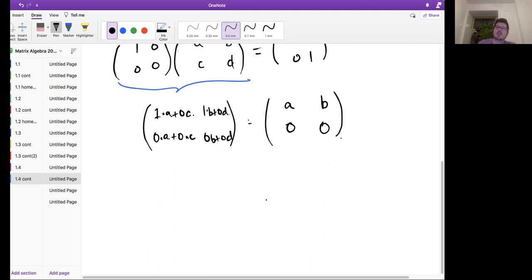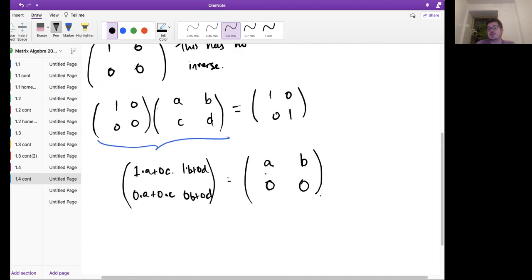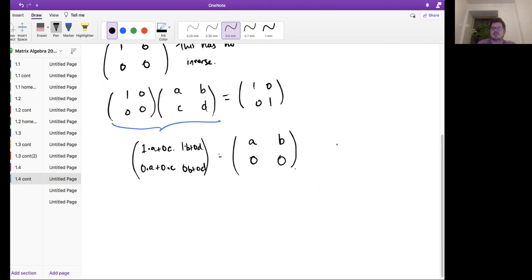All right, so if this matrix existed, that was the inverse. Can we solve for A, B, C, D? No, you cannot solve for A, B, C, D. Why not?